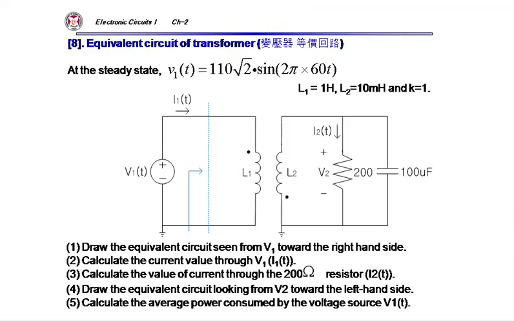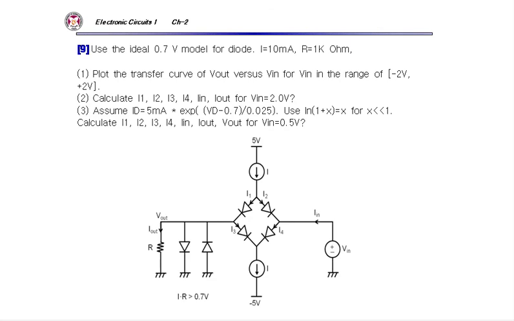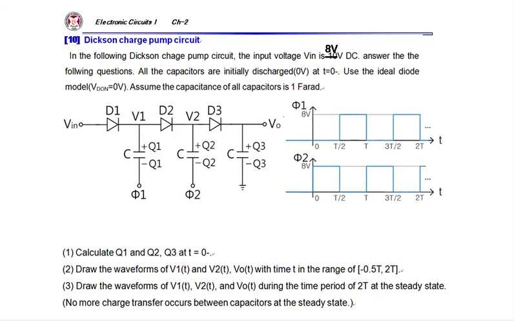Some more: transformer equivalent circuit, another application circuit, and then the charge pump circuit. If I have, for example, 20 volt DC, I will have around 60 volt DC here. If I put more diodes in series, I can increase this voltage, maybe to 10,000 volt.